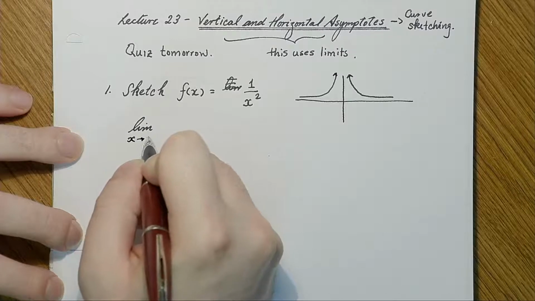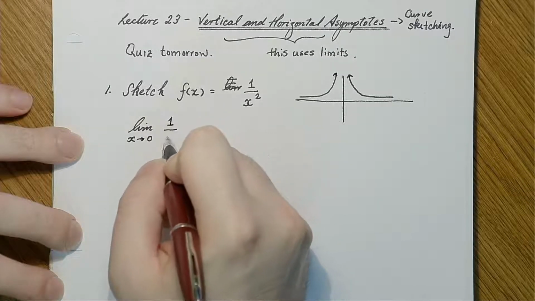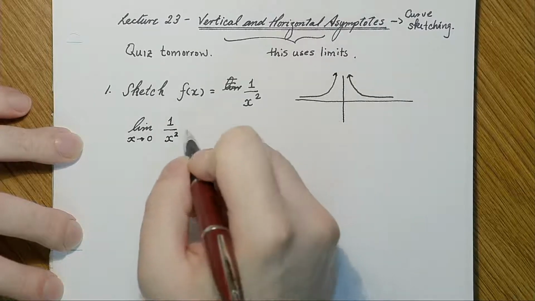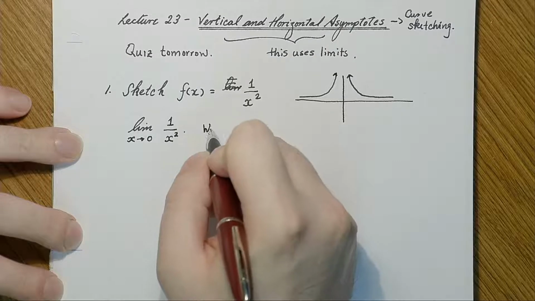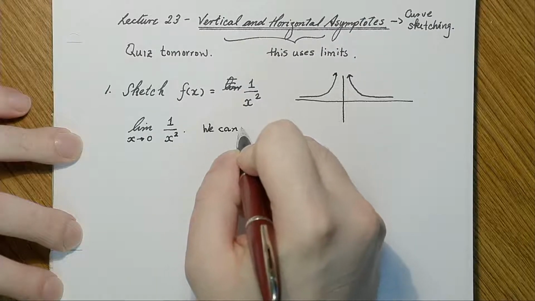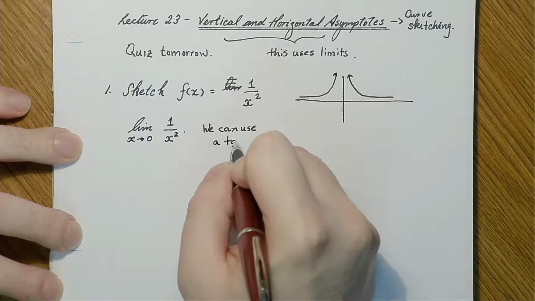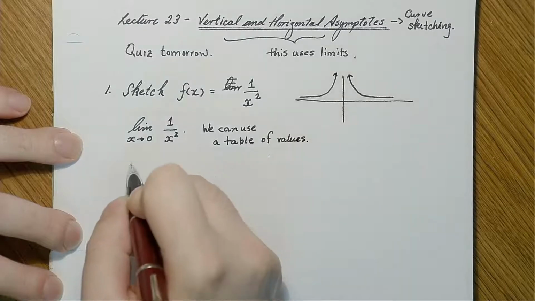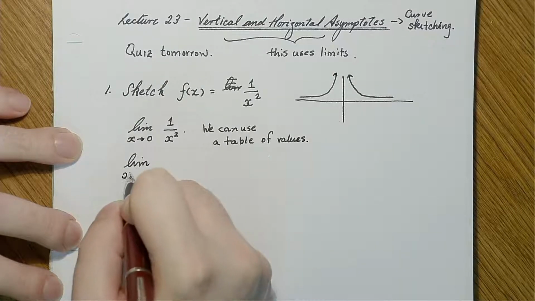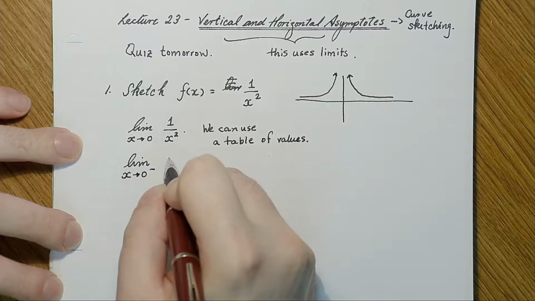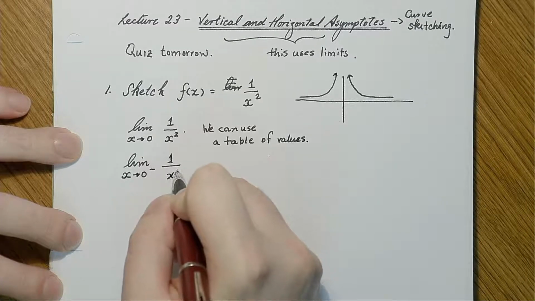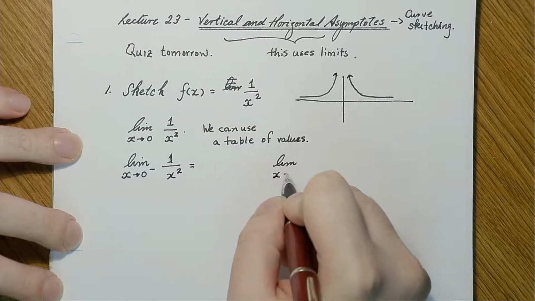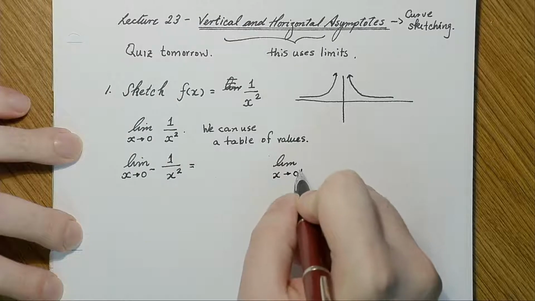So what is the limit of 1 over x squared as x goes to 0? We can use a table of values, and we can actually see what it's doing as it approaches from the left-hand side, and we'll also look at what it's doing from the right-hand side.